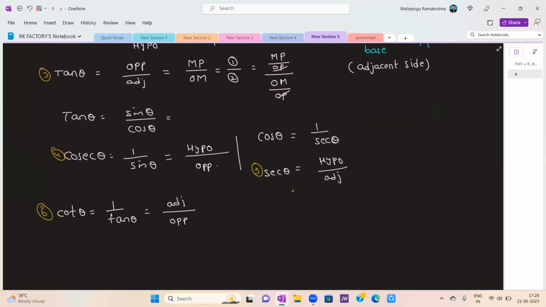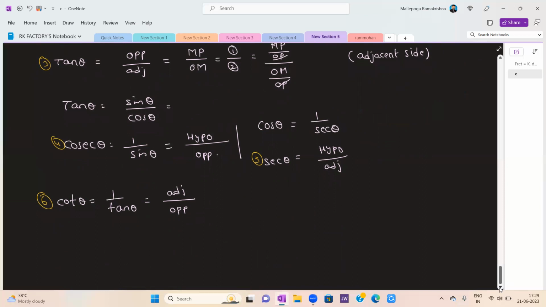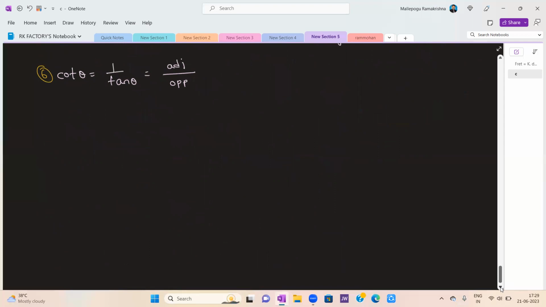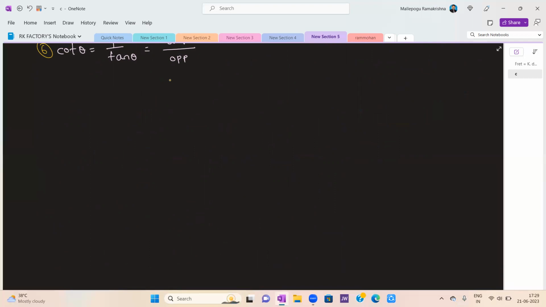These are the basic definitions. But what is going to happen if it is rotating one revolution? Let us understand those values to identify sine 30 or sine 0. What are the values of the functions? And in physics, why do we need them?